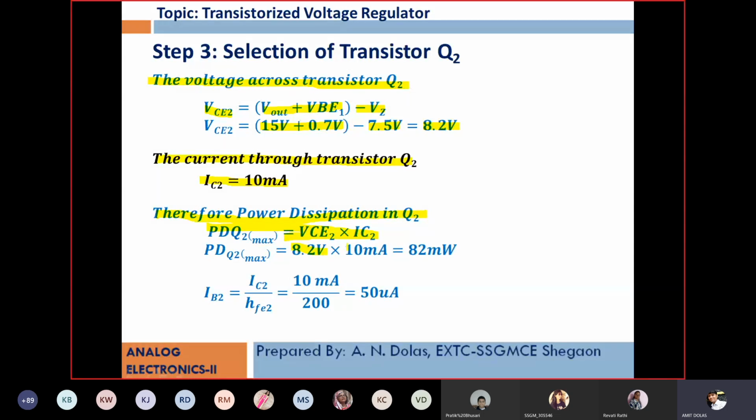So 8.2 multiplied by 10 milliampere is 82 milliwatt. 82 milliwatt is the power dissipation in transistor Q2 presently, considering the design values. Then the base current of Q2 is IC2 by beta of the second transistor HFE2, that is 10 milliampere. HFE2 given is 200, therefore the current will be very small, that is 50 microampere.